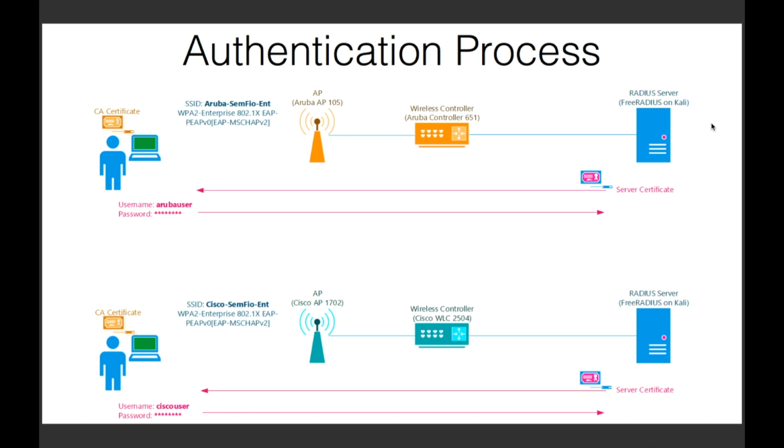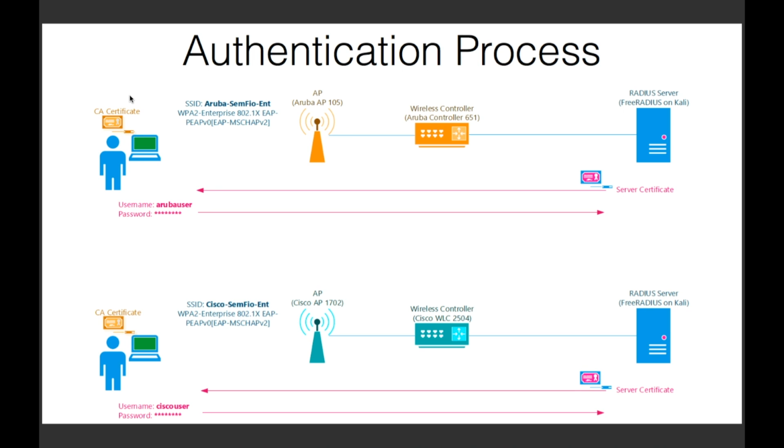Once I do this, my client, my Mac, is going to recognize the certificate coming from the FreeRADIUS server. So when I connect to the Aruba SemFio Enterprise network, I'm not going to have any pop-up asking me, do you recognize this certificate? It's going to be transparent for the end user. That's exactly what we want.